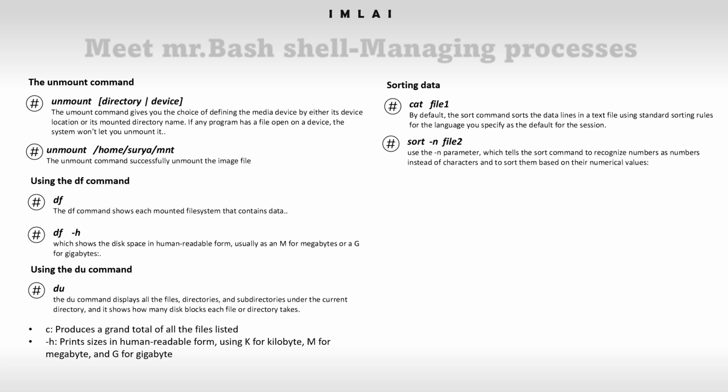To solve this problem, use the -n option, which tells the sort command to recognize a number as numbers instead of characters and sort them based on their numerical values. If you use the capital -M option, the sort command recognizes the three-character month nomenclature and sorts appropriately.